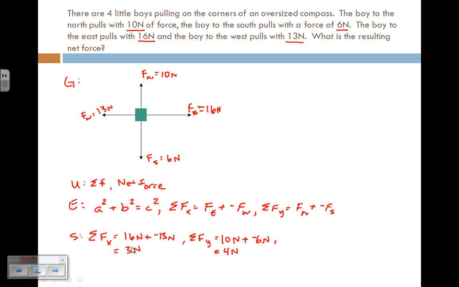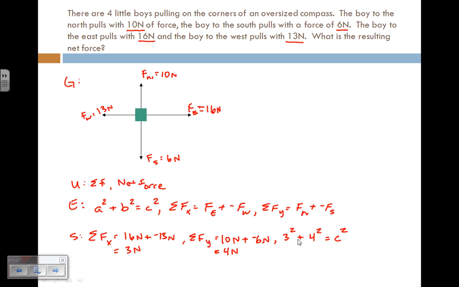So we can take this 3 newtons and plug it in for A, and this 4 newtons and plug it in for B. So we'll have 3 squared plus 4 squared is equal to c squared.